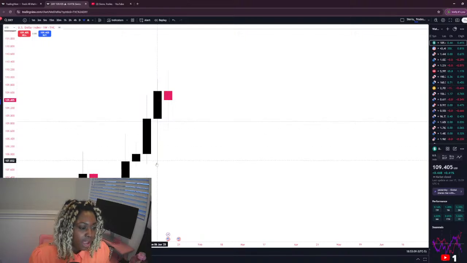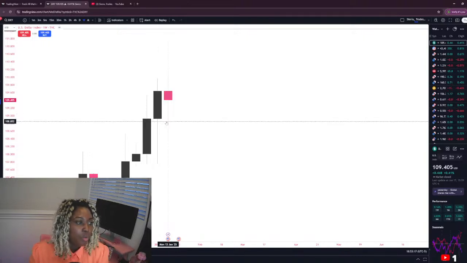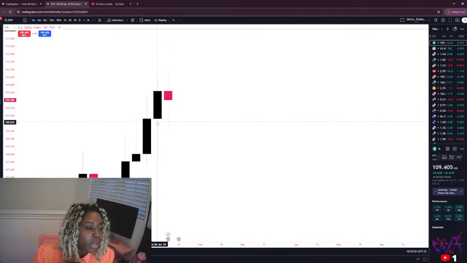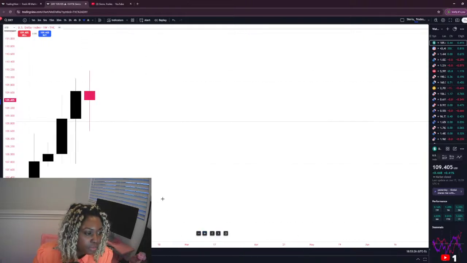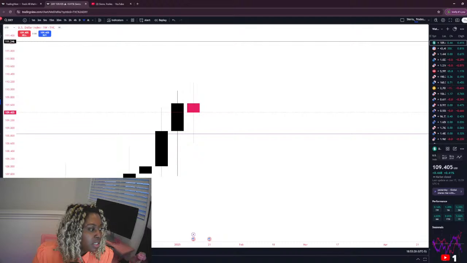Then it fell back down and then it pushed back up and we closed above it. And then it came back down again. So we've been at this weekly 50% for about 3 weeks now, right? This is still significant to me.